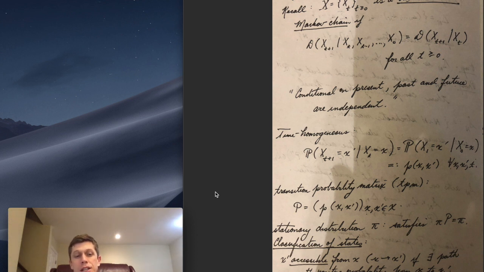And we say the two states communicate if they're both accessible from one another. So if x prime is accessible from x, so I can get from x to x prime with some positive probability, and then once I get to state x prime, I can get back to state x also with positive probability.